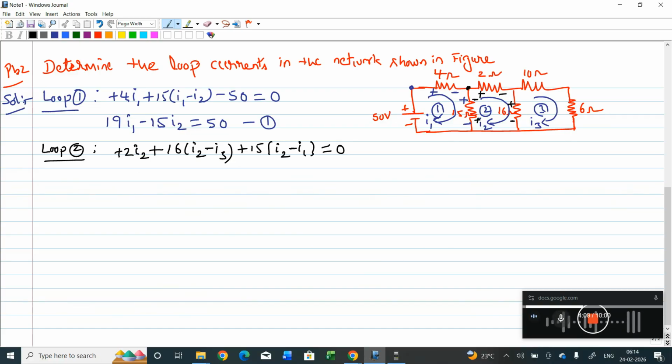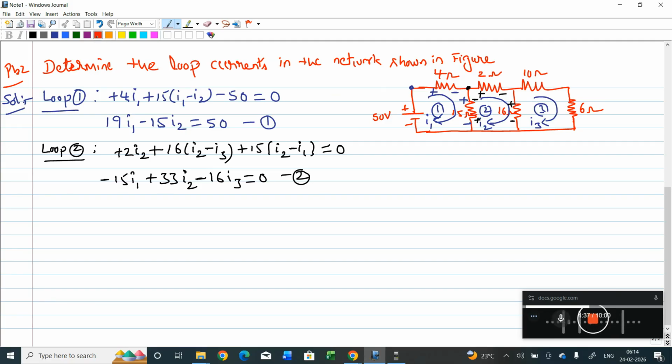On regrouping the I1, I2 and I3 terms separately, we get I1 term as minus 15, I2 terms 2I2 plus 16I2 plus 15I2, which is 33I2, and the I3 term is only one, minus 16I3, equal to 0. This is for loop 2.